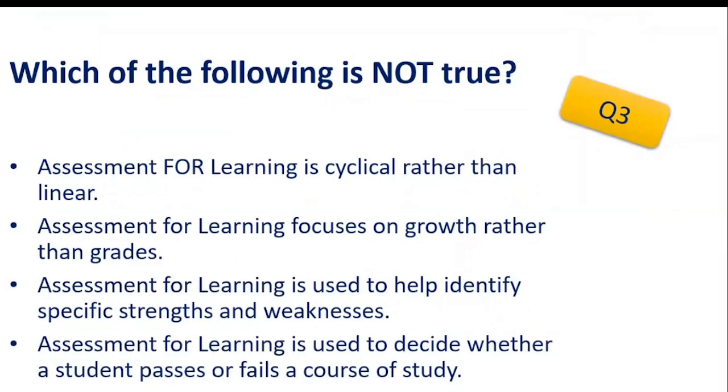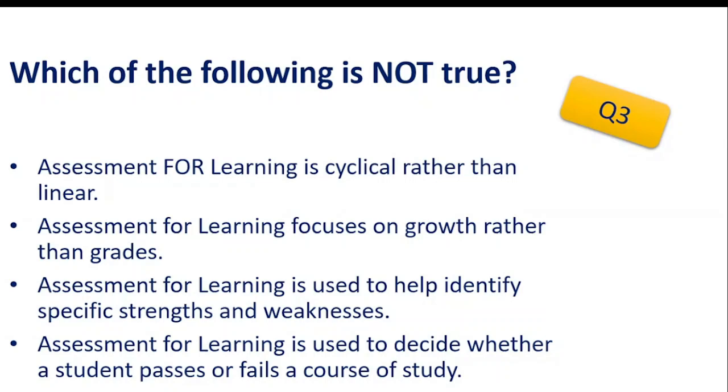Which of the following is not true? Which of the following 4 statements is not true? Assessment for learning is cyclical rather than linear. Assessment for learning focuses on growth rather than grades. Assessment for learning is used to help identify specific strengths and weaknesses.